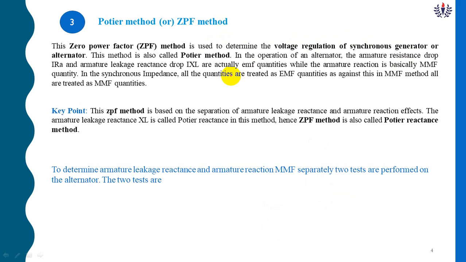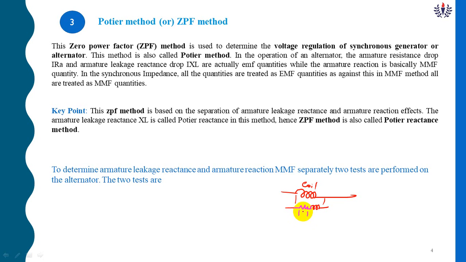In the operation of this alternator, the armature resistance drop I into RA and the reactance drop are combined with the armature reaction quantity. For example, this is a coil, and this coil has both a resistor and an inductor.